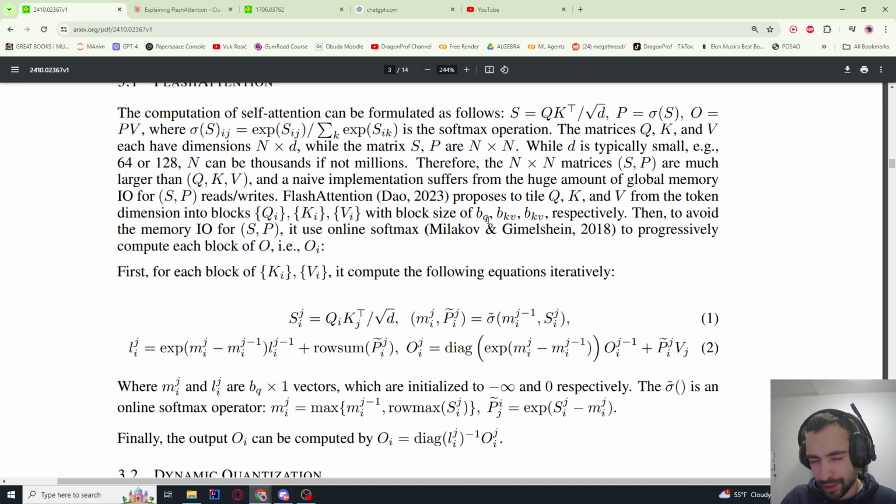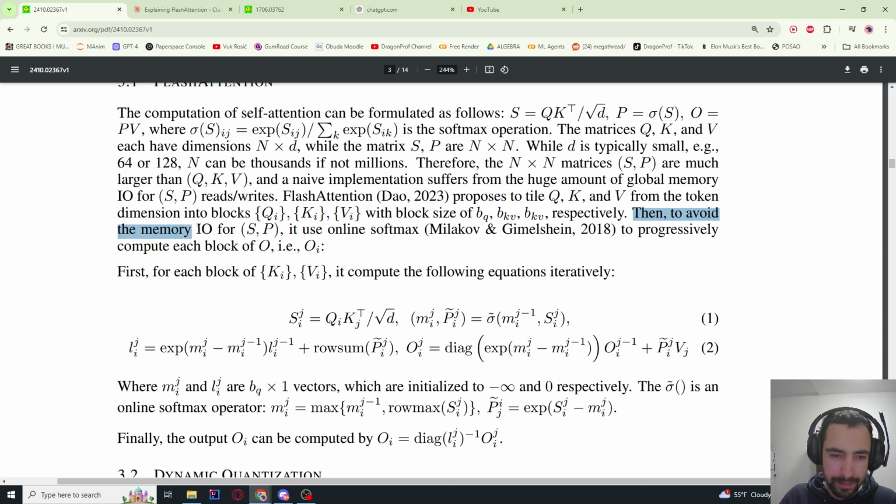As you can see, this has only one dimension, and then Bkv and Bkv are both the same for the blocks of keys and values. Now I think this means that they are the exact same matrix, not just that they have the same dimensions, but I'm not sure. Let's see further what they say.